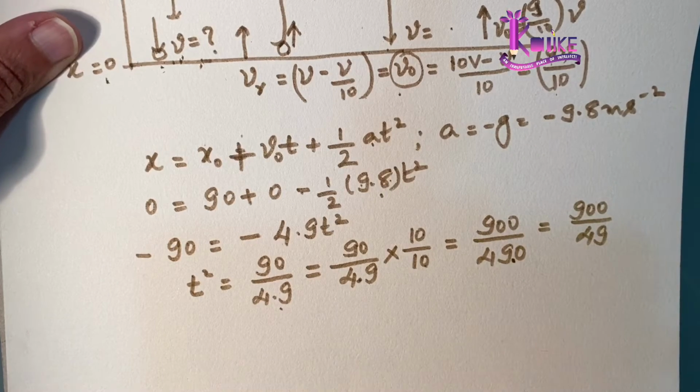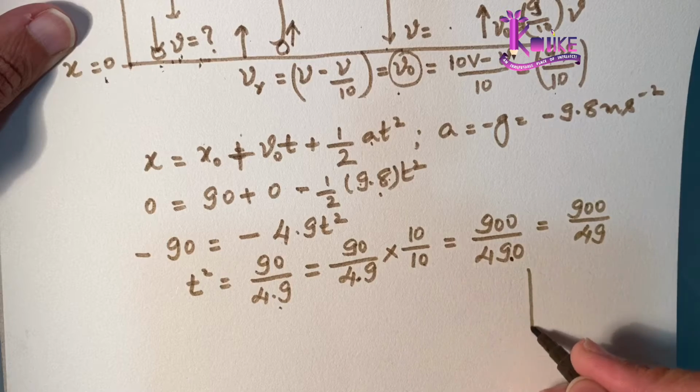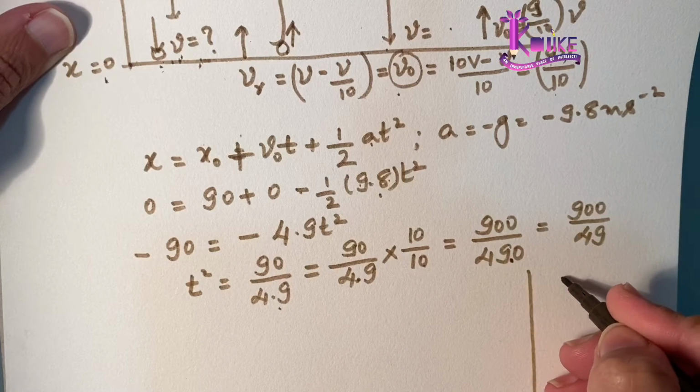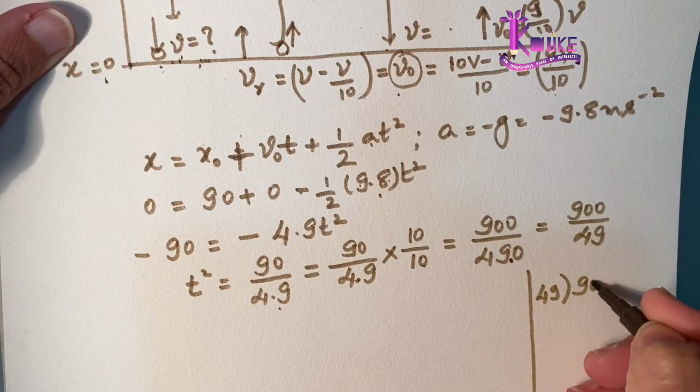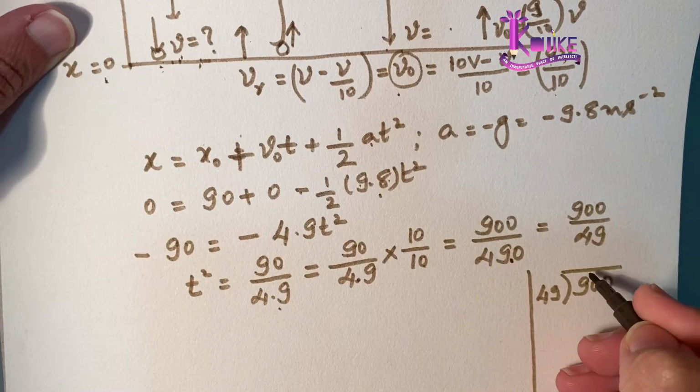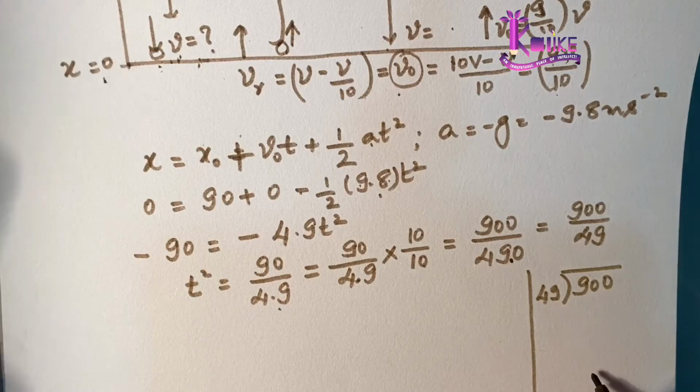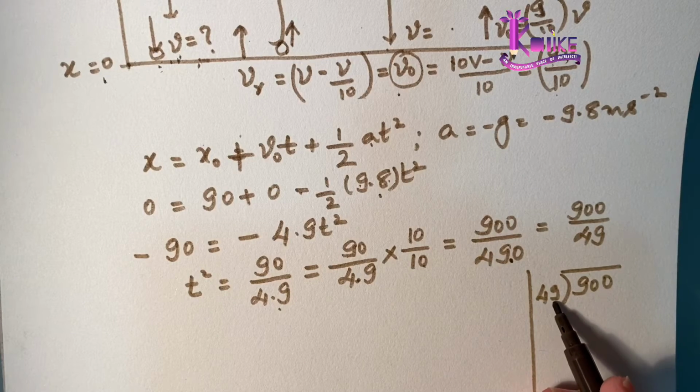So let's simplify how much is 900 by 49 by working out here. So 49 and 900, right? How do we do this? See, 49 is approximately close to 50.